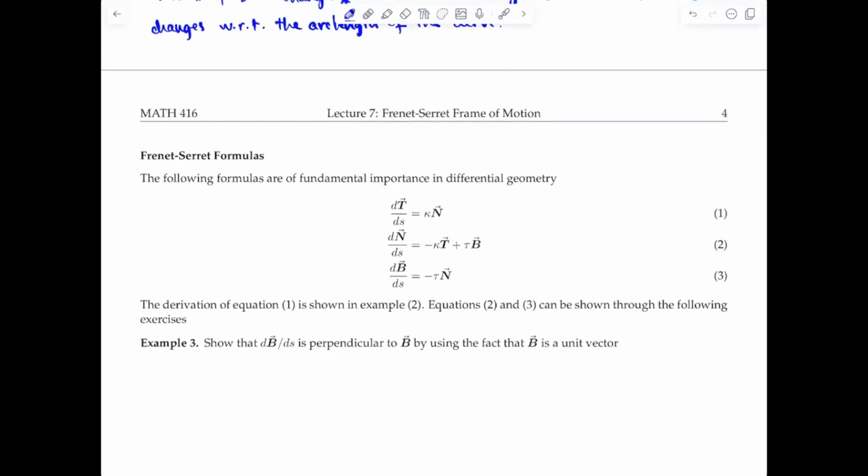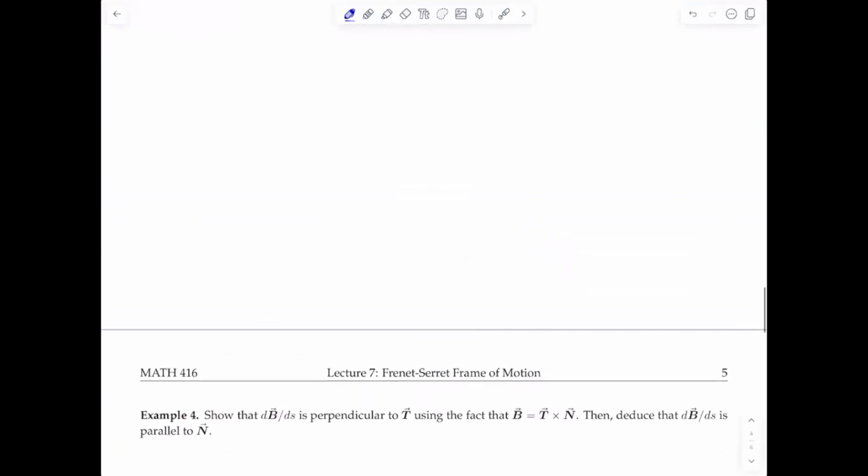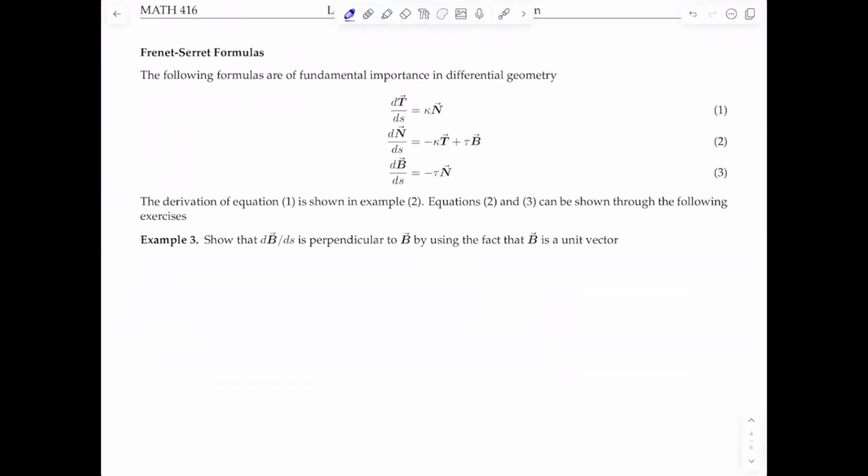And the last two are a little bit vague, and at this point, you don't know what that is. But through certain examples that we're going to cover, example 3 and example 4, it will tell you the relationship between the binormal vector and the normal vector, right?